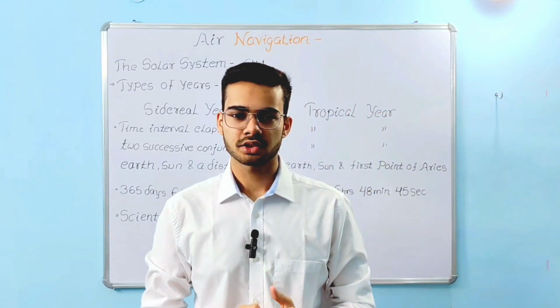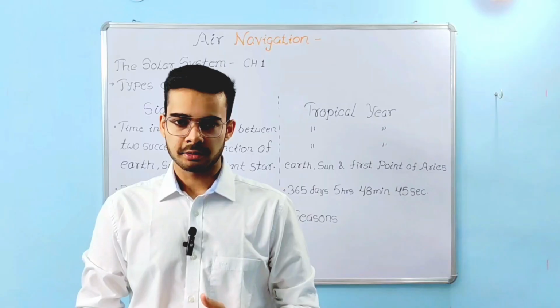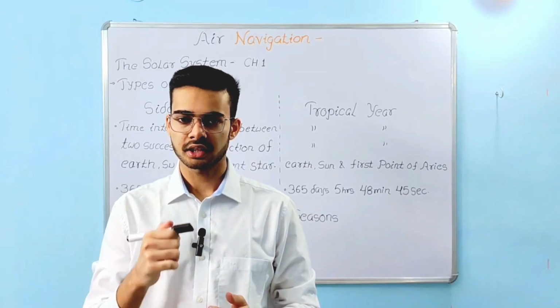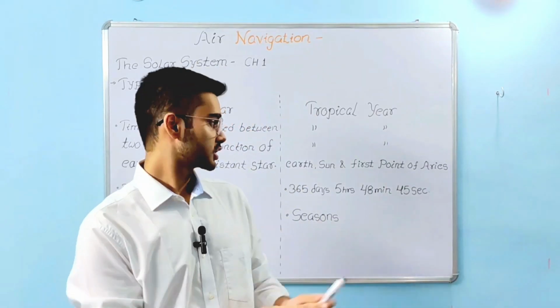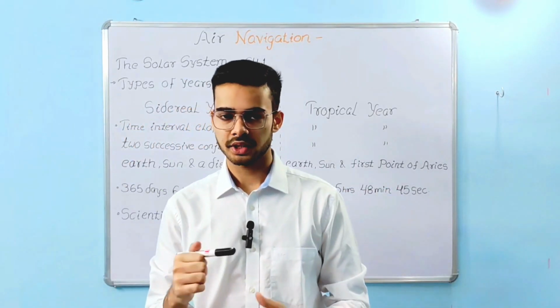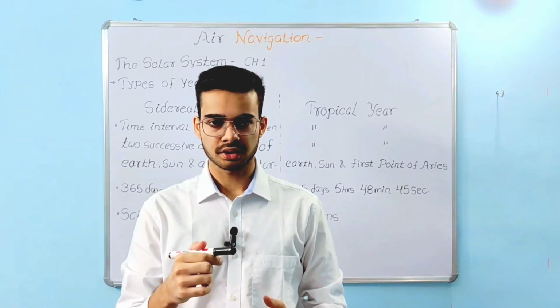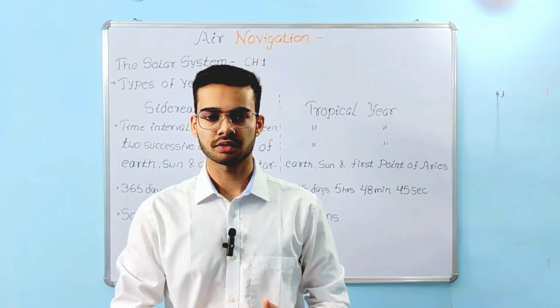Talking about the definition of a tropical year, so the time interval elapsed between two successive conjunctions of Earth, Sun, and the first point of Aries. Now, what is the first point of Aries? It's a very important point. It is not a star, it is not a constellation. It is also called the prime meridian of the sky.